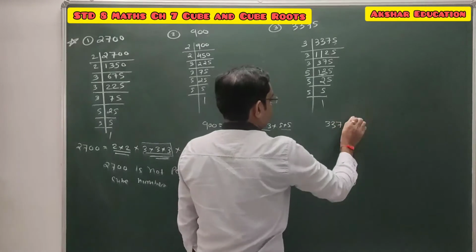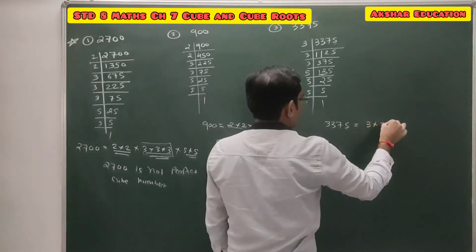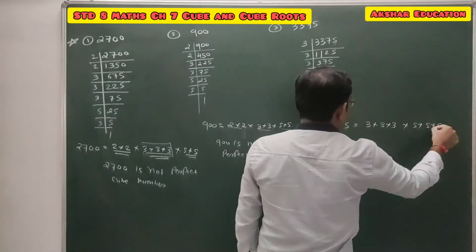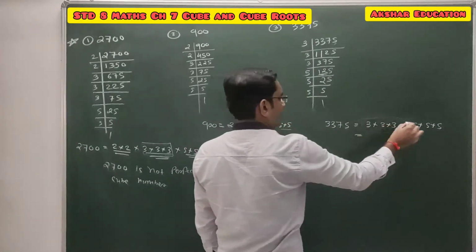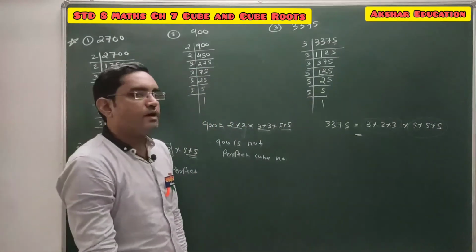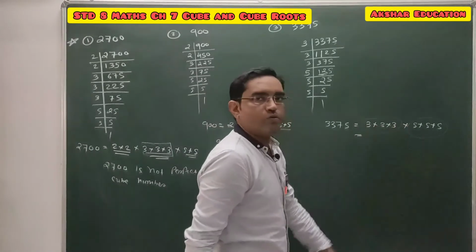So 3375, and the factors of this number are 3 multiplied by 3 multiplied by 3 multiplied by 5 multiplied by 5 multiplied by 5. So all the prime factors of the given number are in groups of 3. 3 appears 3 times and 5 also appears 3 times.